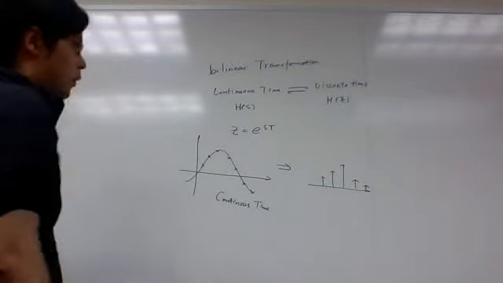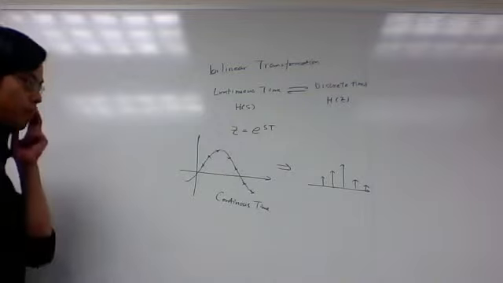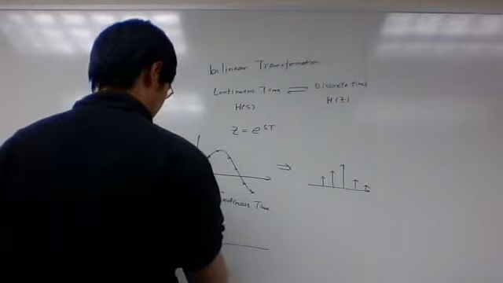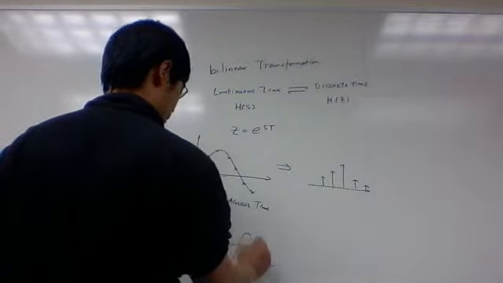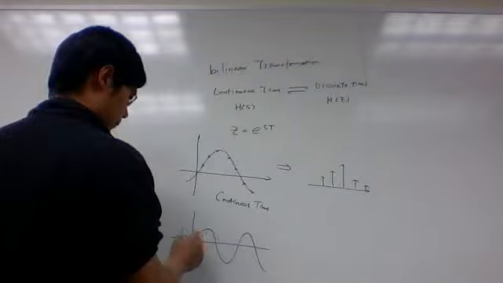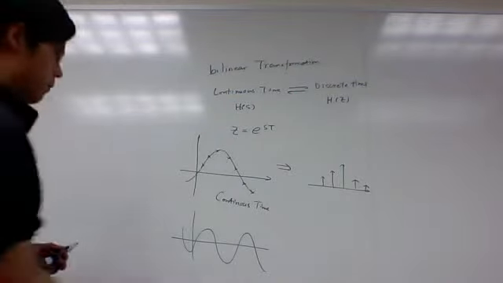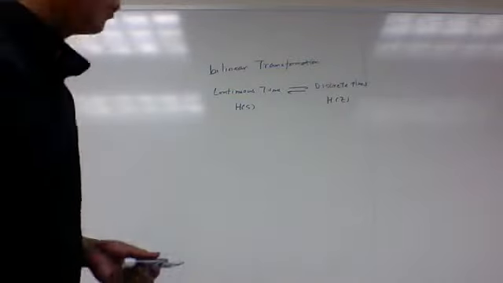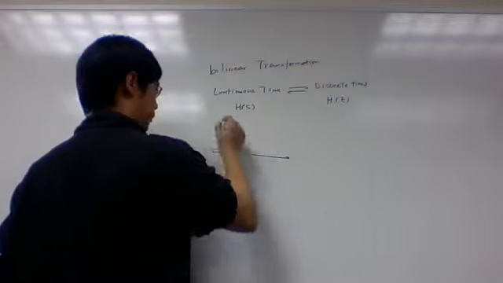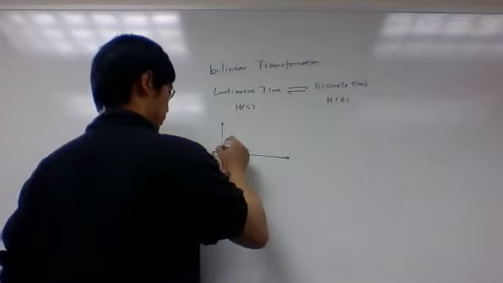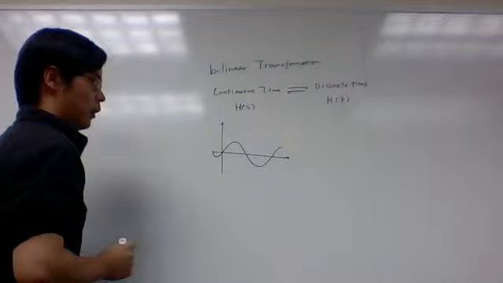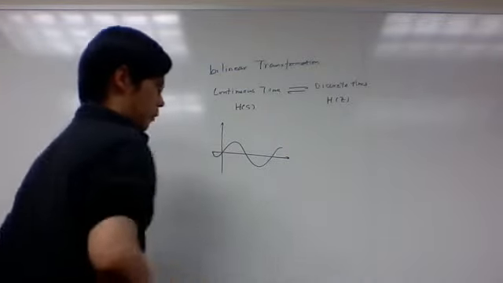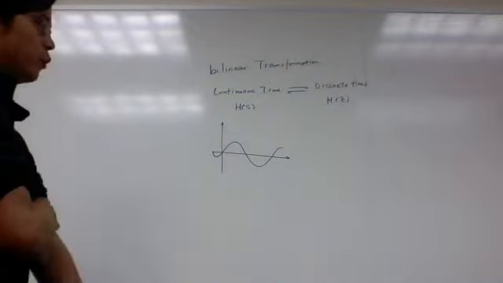Okay, so there is an important theory called sampling theory, right? Because of the sampling nature, if you have a sinusoidal, for example, something like this, this is your continuous sine waveform.